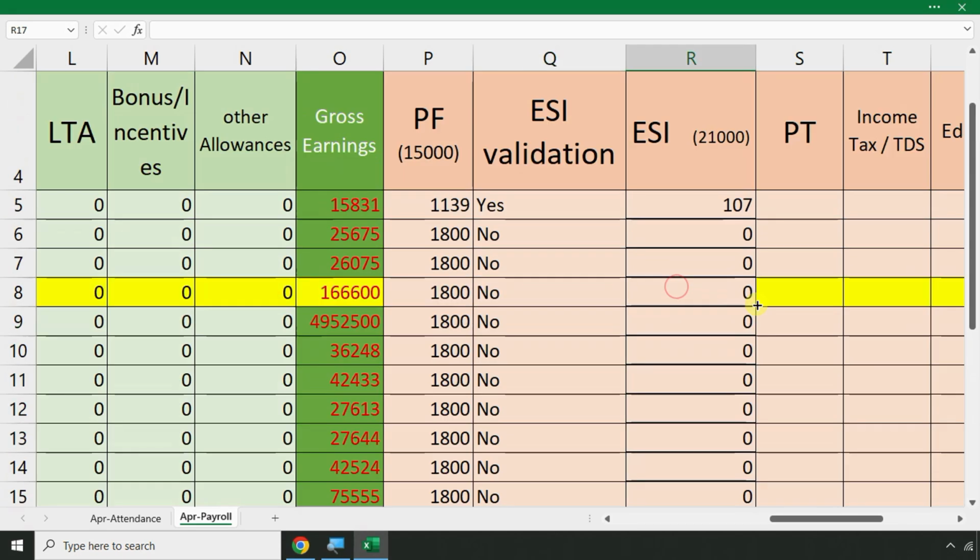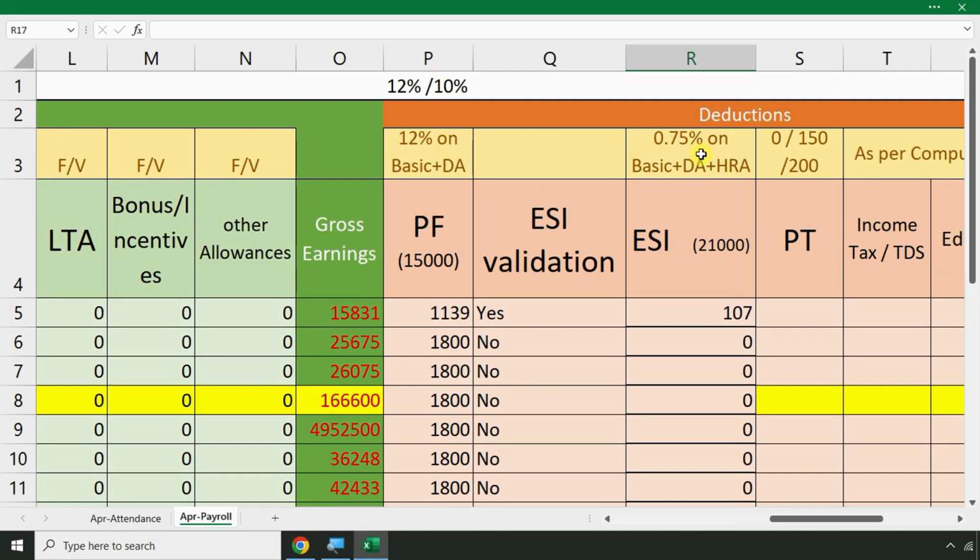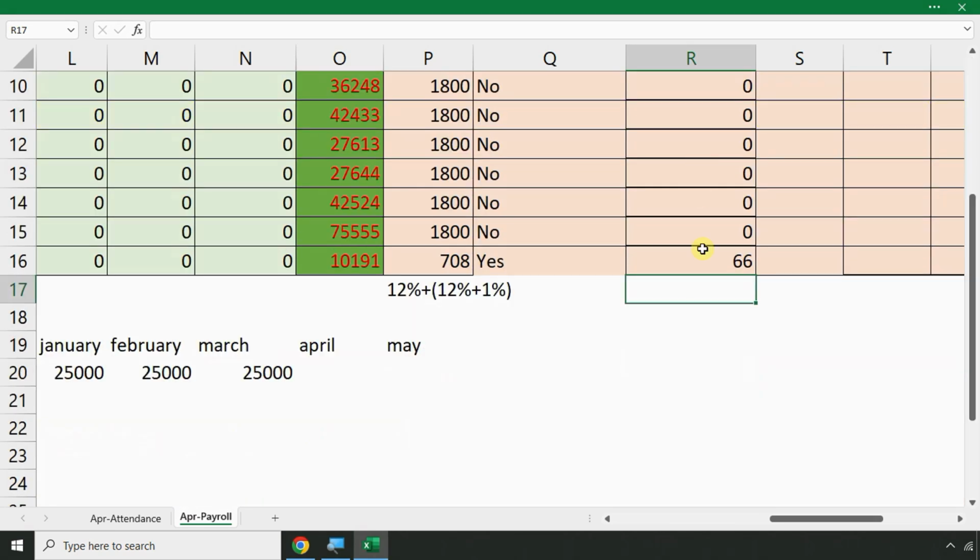Likewise for ESI, how much will employee contribute? 0.75%. So employee 0.75 plus employer 3.25. Total ESI 4%.